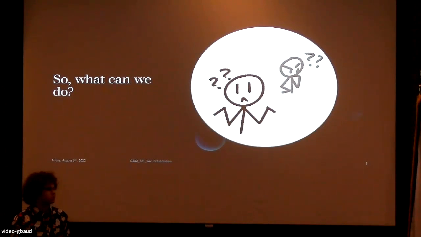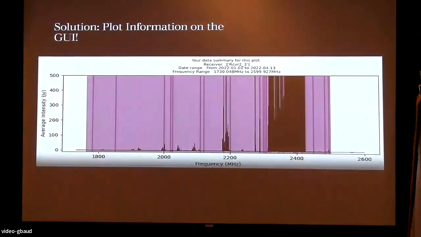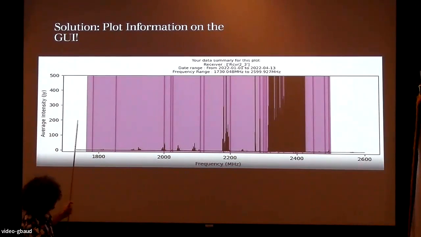That's a pain in the butt. So there is a way that we can make that easier. It's by simply putting the information into the program itself. So this is the outcome of my project. As you can see, I added a lot of purple.